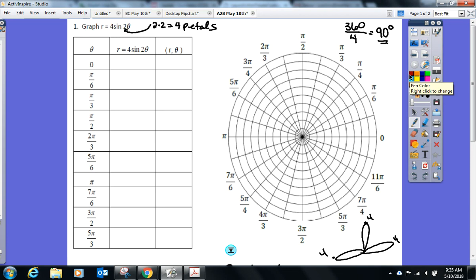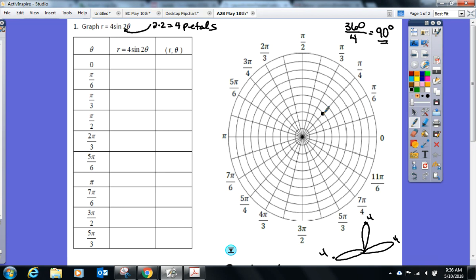What's the radian equivalent for 45? Pi over 4. And what's your max distance for the petal again for this particular equation? How far is it going to go out? 4. So at 45, 1, 2, 3, 4. There's 1 point. Halfway, 90, I'm going to have that max distance of 4.